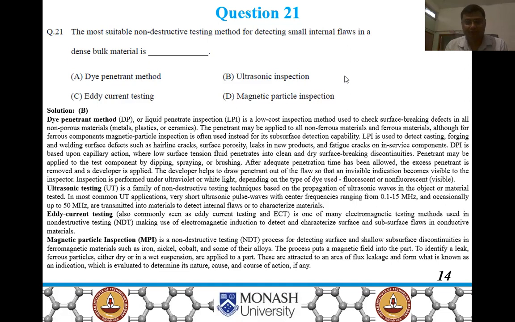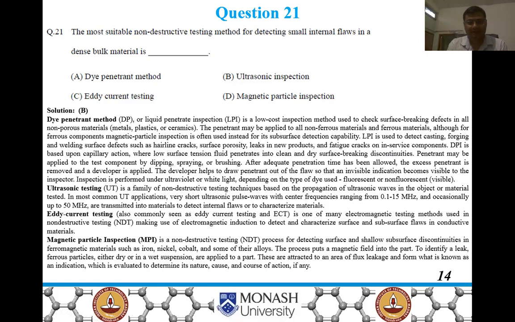LPI is used to detect casting, forging and welding surface defects such as hairline cracks, surface porosity, and leaks in new products.